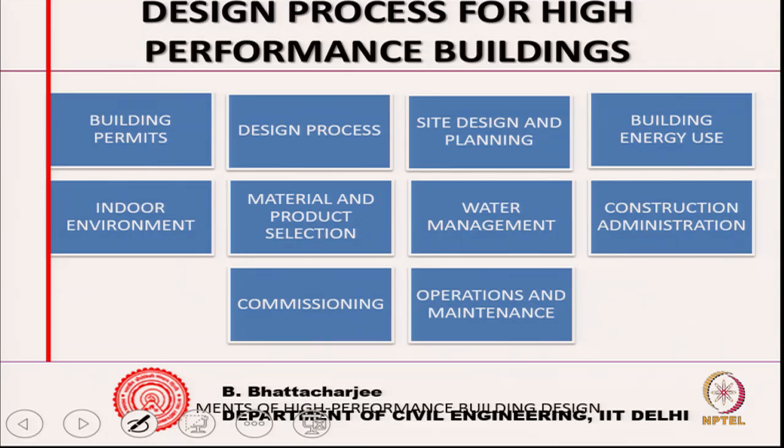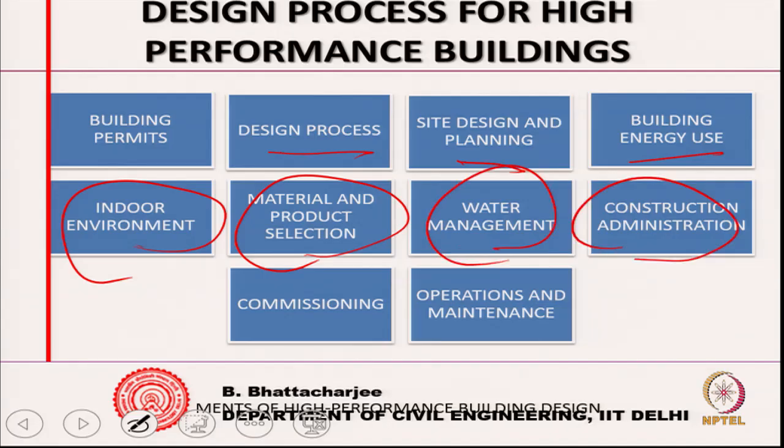Usually such green buildings are high performance buildings, and basically the design process, site and design planning, these are the kind of stages: building energy use, indoor environment, material and product, water management, construction administration, operation and maintenance, and then commissioning. These are the features of the design process for a high performance building.